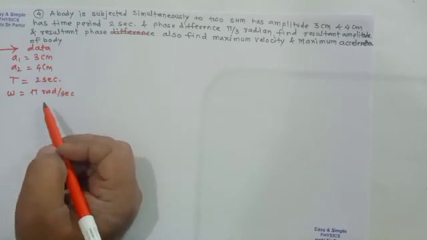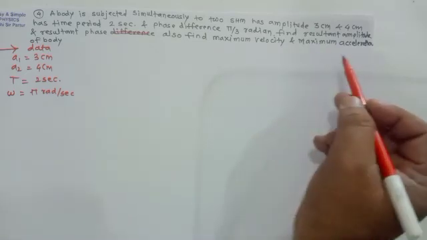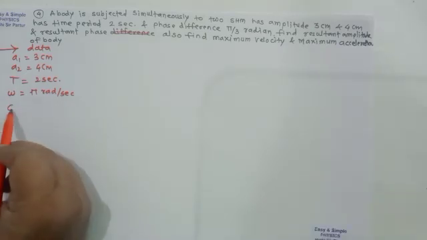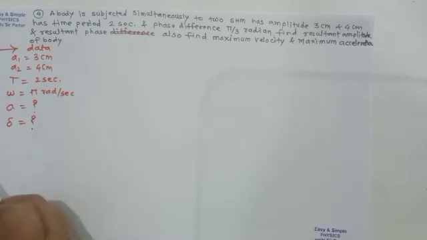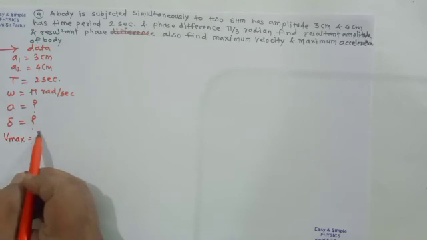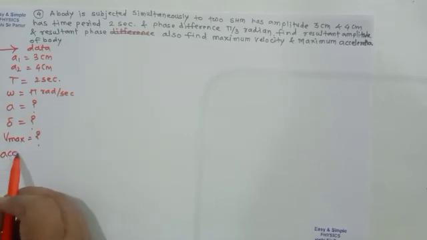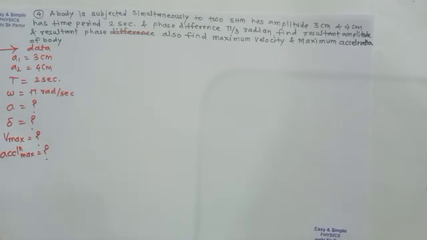Again, here we can find the resultant amplitude A, we can find delta, we can find maximum velocity, and maximum acceleration. Means 4 questions can be solved.